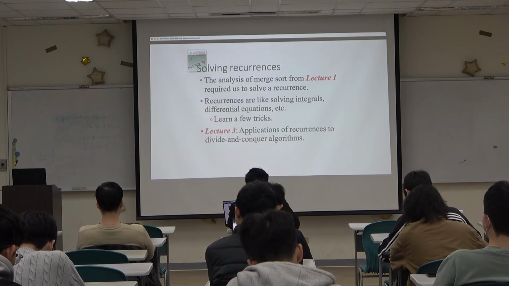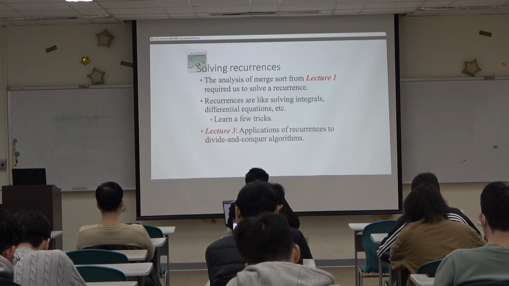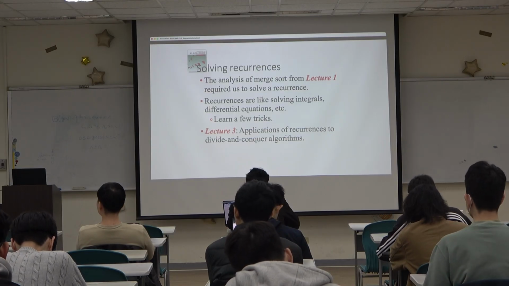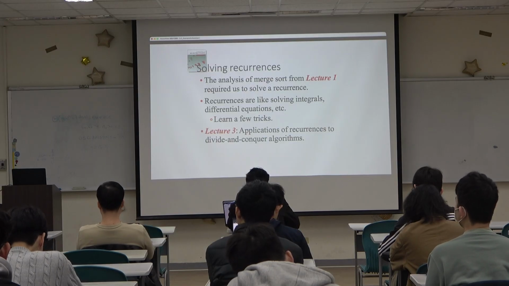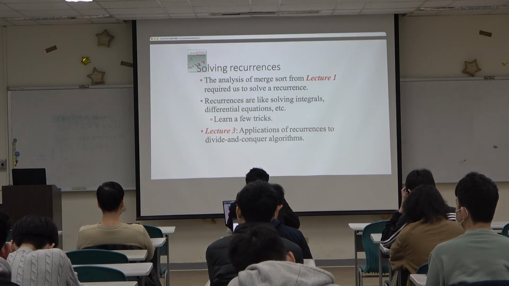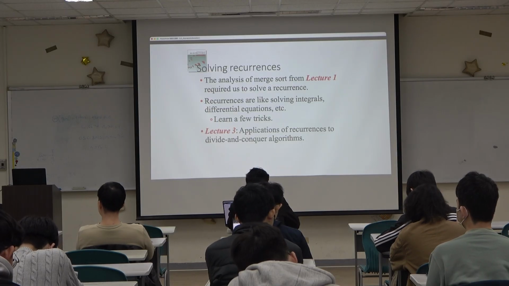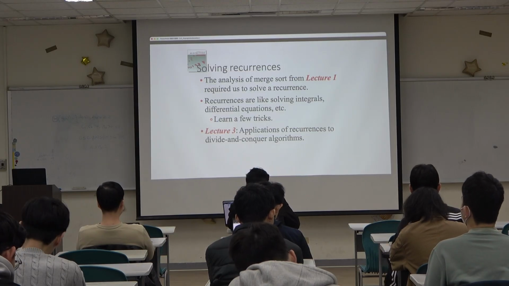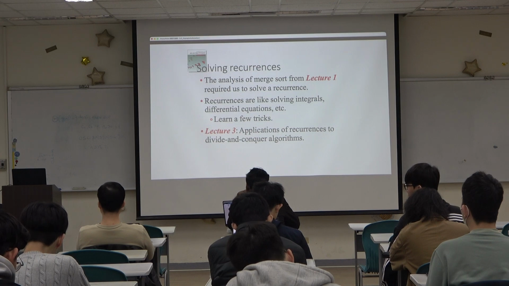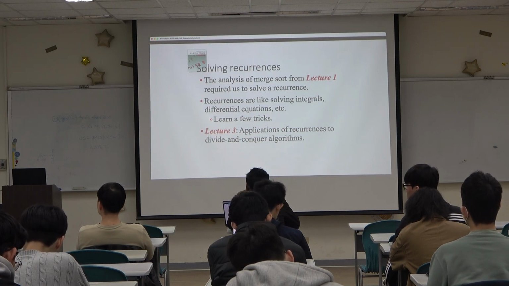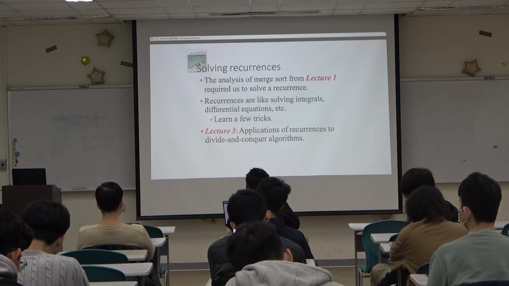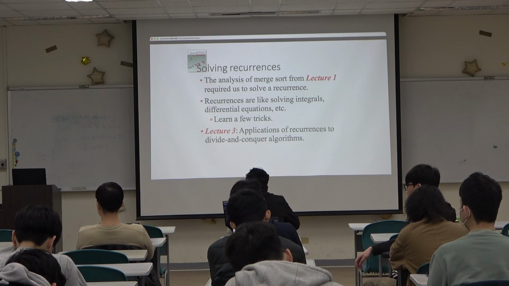Because merge sort is a recursive program. I don't need to give you a definition of recursion, right? You should have done that in your programming class. So the source of recurrence formulas, as I said, is the recursive program.